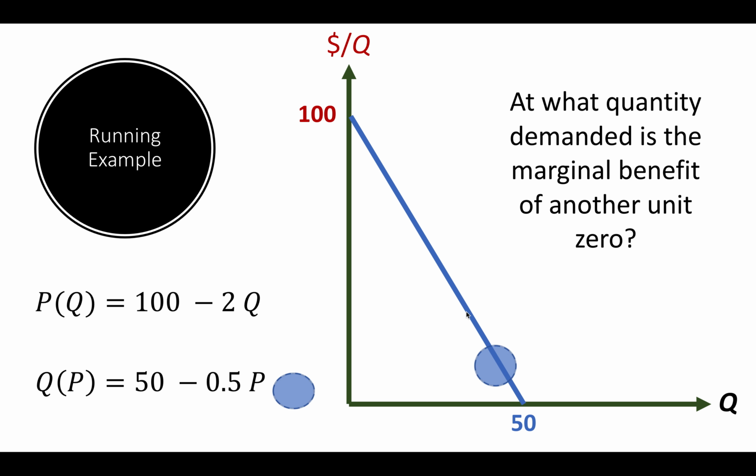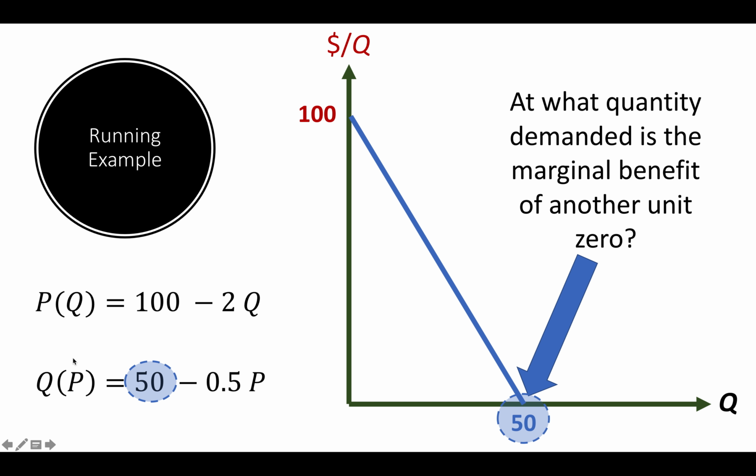Eventually I get down to the quantity for which I value the next unit not at all, and it is this term. If I plug a price of 0 into my demand function, then the quantity demanded at a price of 0 is equal to this quantity where the marginal benefit drops to 0.